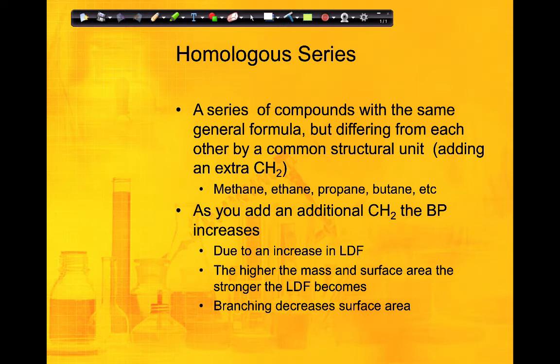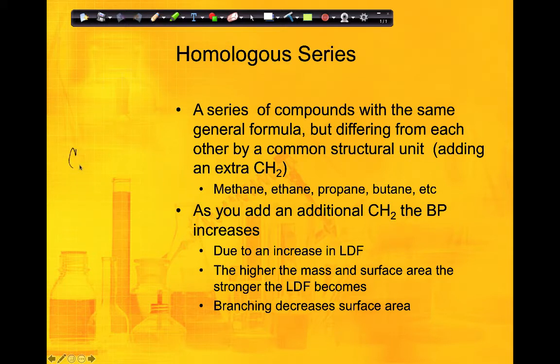Now, something to note, because we haven't really talked about branching before: if you have a compound with branching and the same number of all types of atoms, branching actually decreases the surface area. If you decrease the surface area, you're going to create weaker London dispersion forces, and weaker London dispersion forces mean the boiling point goes down.